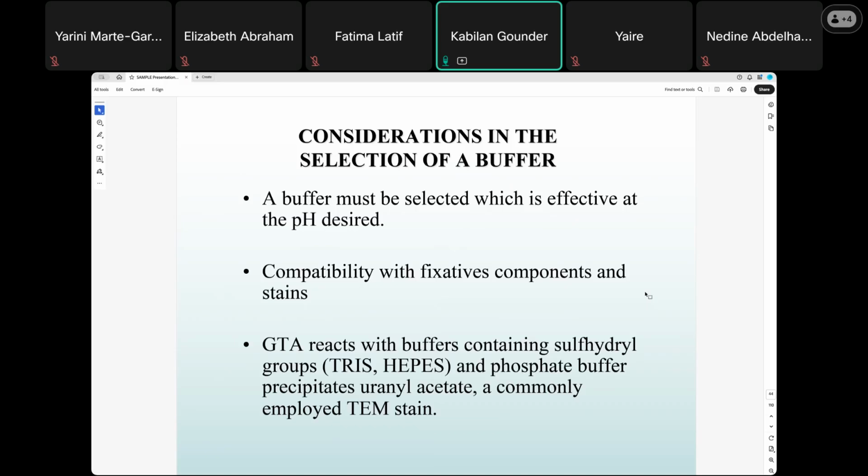So we have to check, based on previous reports, what pH is required to fix the samples. The second is compatibility with the fixatives, components, and stains. Compatibility is always important to fix your samples.